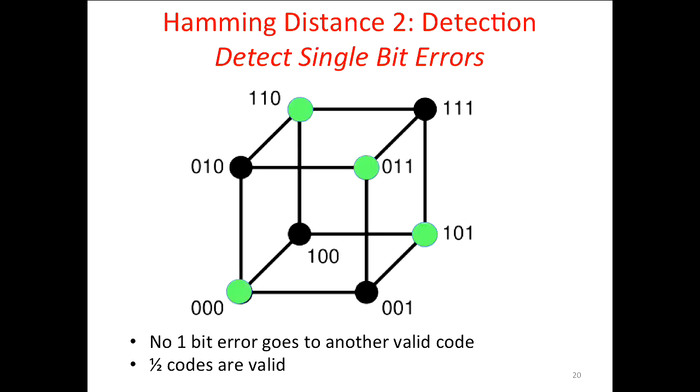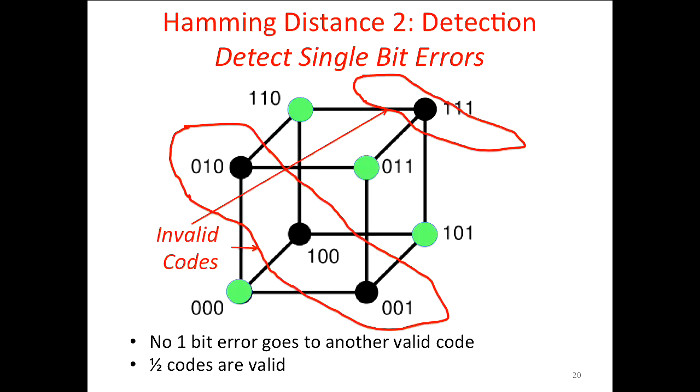You pick these 4 vertices, these 4 bit patterns, as the legal data. The extra bit is now providing you single-bit error detection. Basically, all the invalid codes space these guys apart, so 1 bit change will only take you to an invalid code. No matter where you start from a valid point, any 1 bit change will take you to an invalid combination. That's 1 bit error detection.